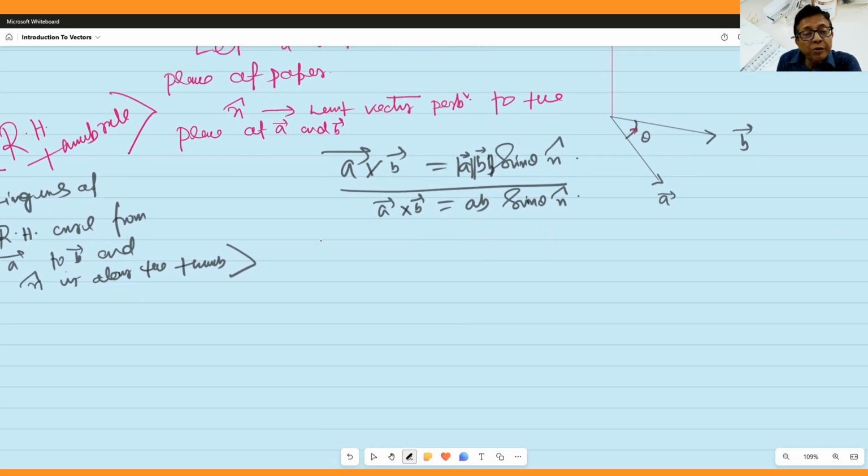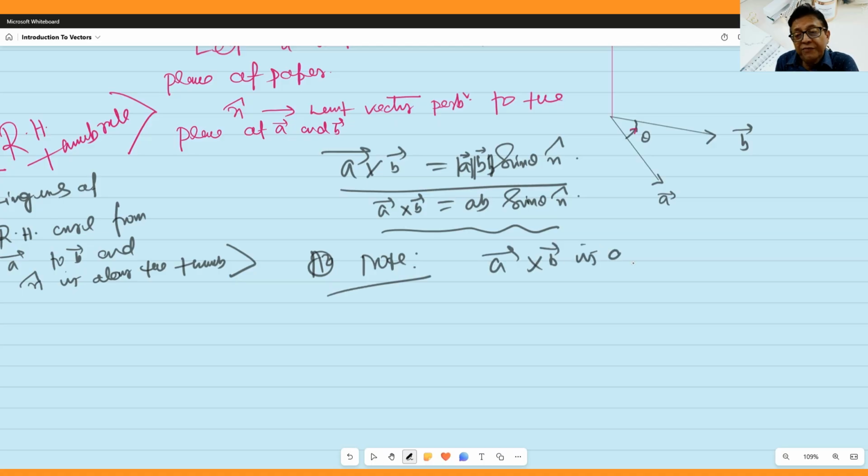So we make an important observation. One important observation, a note. A cross B is a vector perpendicular to what? Perpendicular to the plane of A and B. Why did you say that?